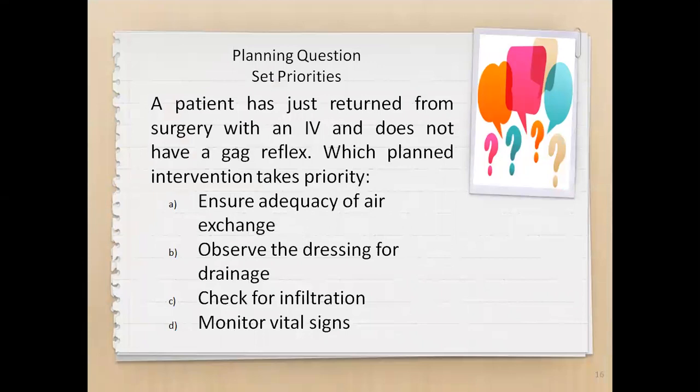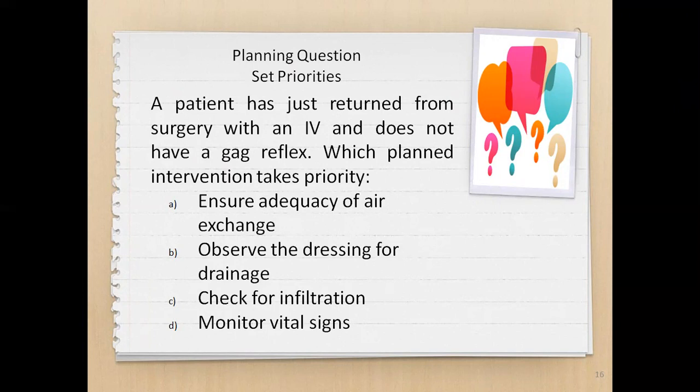A patient has just returned from surgery with an IV and does not have a gag reflex. Which planned intervention takes priority? Is it A, ensure adequacy of air exchange, B, observe the dressing for drainage, C, check for infiltration, or D, monitor vital signs?